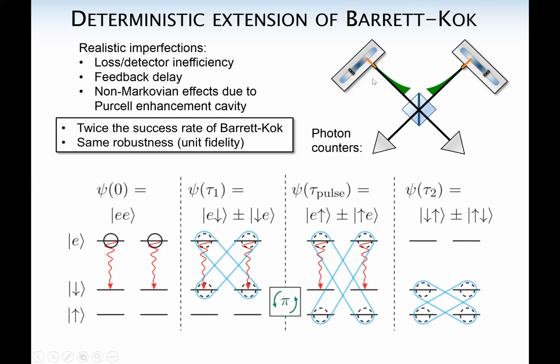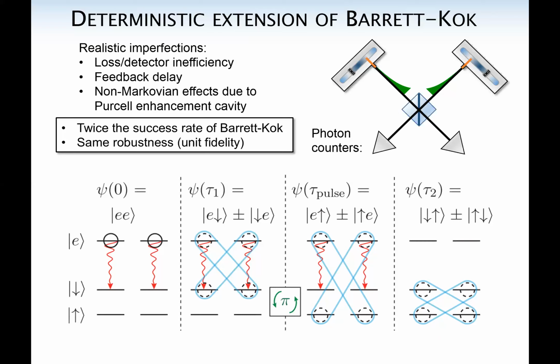And this protocol is robust to all the standard things that make the Barrett-Kok protocol useful for its own robustness. It's robust to loss in this channel, inefficiency of the photon counters. It's also robust to path length fluctuations or imbalance in the reflection coefficient of this beam splitter. It's even robust to the feedback delay incurred in this protocol, because if you don't do this pi pulse in time, you can actually just herald that and throw those instances out.